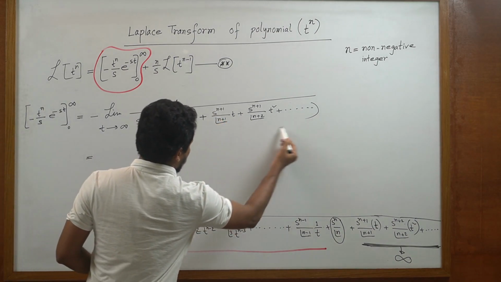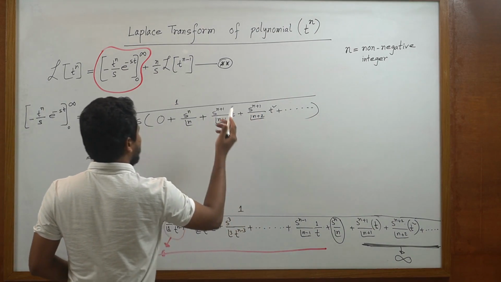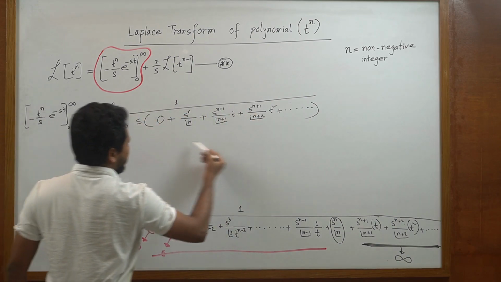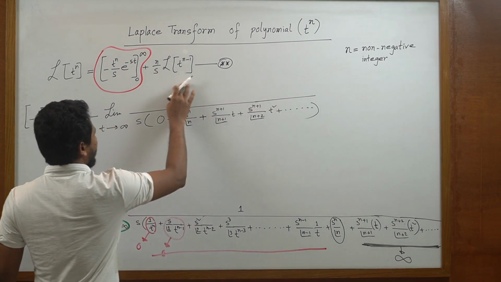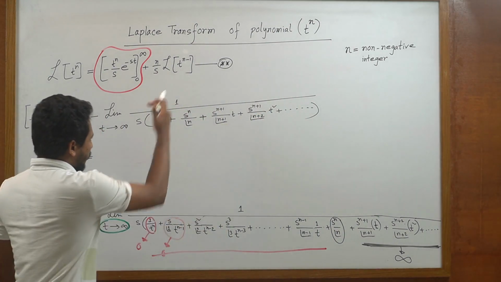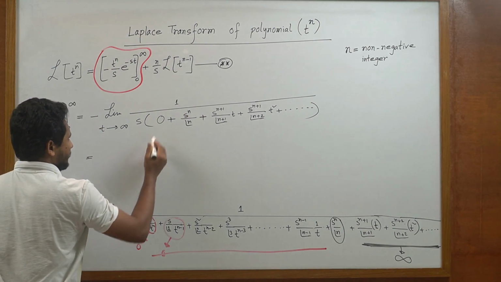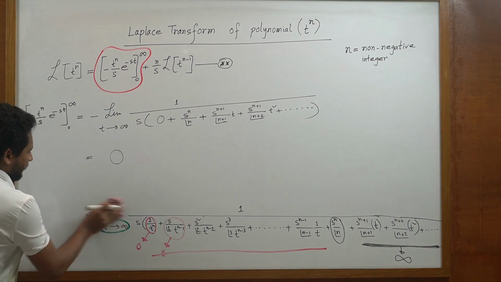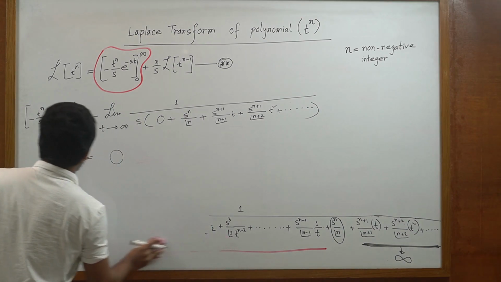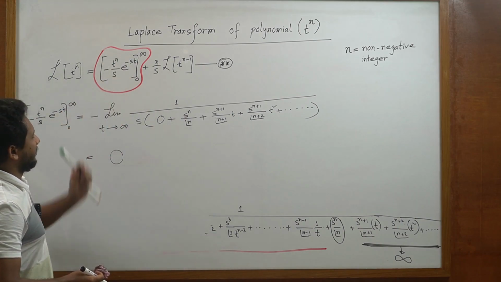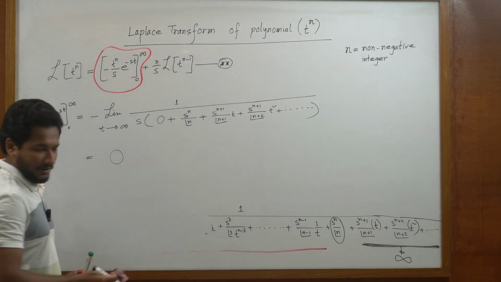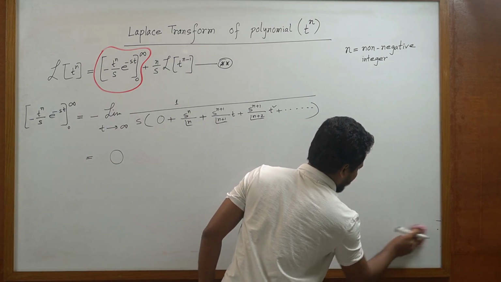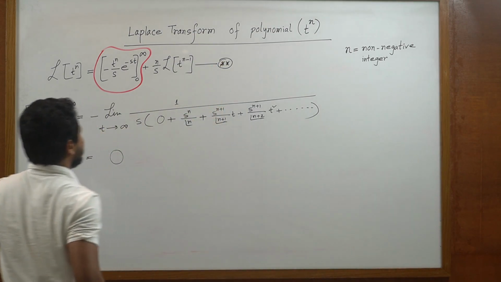So this part approaches infinity. Infinity plus something will approach infinity. So the full fraction will approach 1 by infinity, and 1 by infinity is 0. So we got the magnitude of this portion, and the magnitude is 0. Now we replace the result in the double star equation.